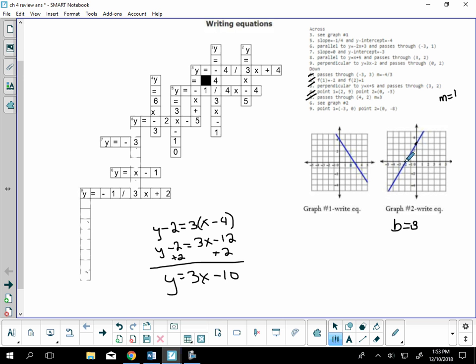My slope is I'm rising 3, running 2, and they're both positive. So my slope is 3 over 2, which is going to make this y equals 3 over 2 x plus 3.